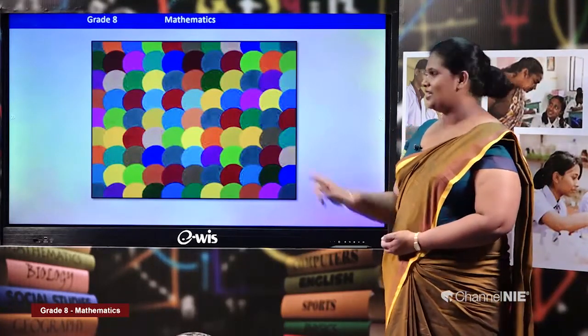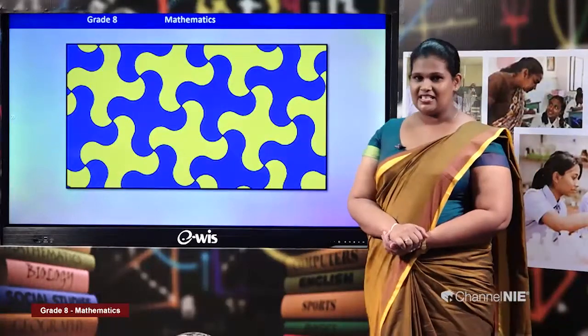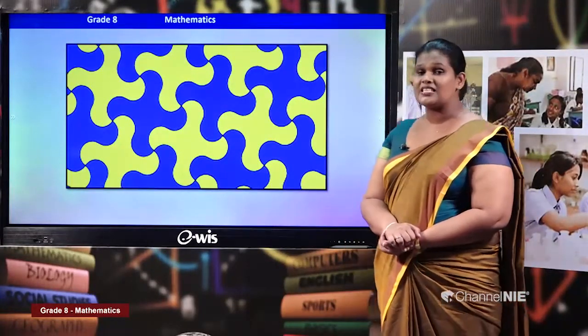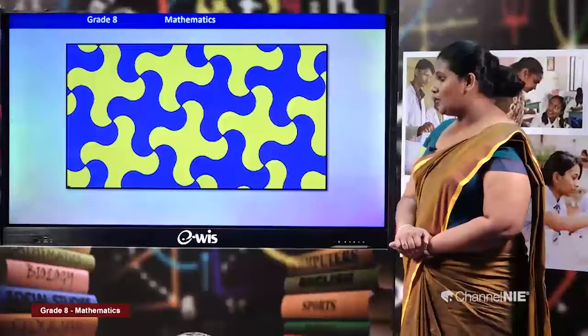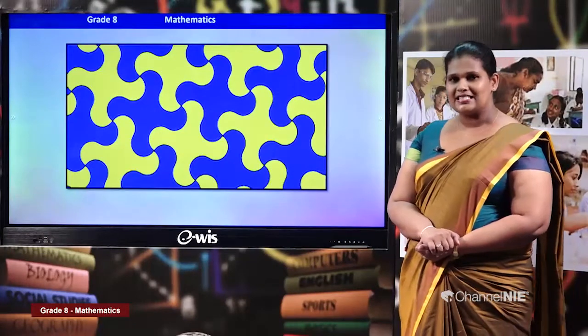Isn't that so? Right. Once again, there is a pattern here. Here we can see only curved edges in this pattern, and they have colored the patterns in blue and yellow. Have you noticed that they have used only one shape throughout the pattern? Okay, right. Once again, this is also a tessellation.